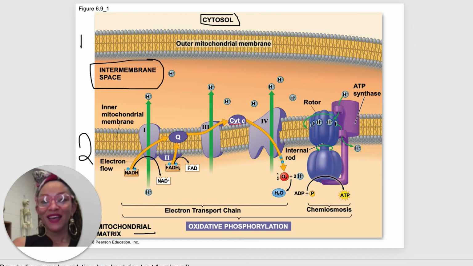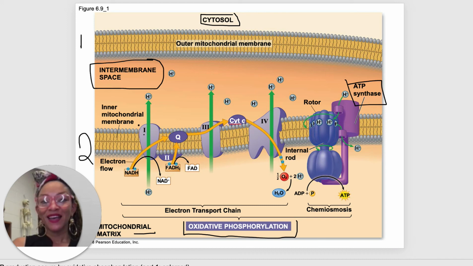Okay, so you see right here on the inner mitochondrial membrane, we have 1, 2, 3 and 4 different proteins. And the last part is the chemiosmotic or ATP synthase kind of setup. So the electron transport chain plus chemiosmosis makes up altogether our oxidative phosphorylation.